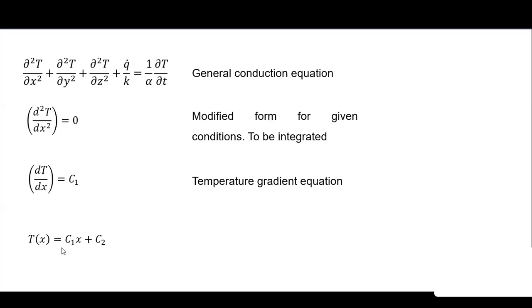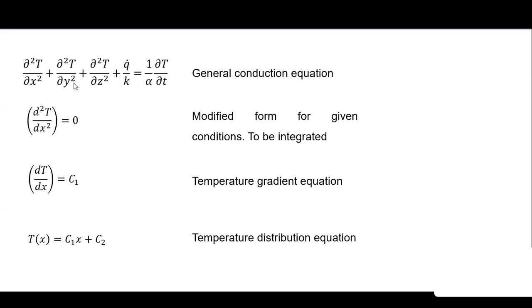So the temperature distribution in one-dimensional steady state conduction without heat generation in a Cartesian coordinate system is a straight line. This conclusion we can draw directly from this equation. This particular equation is called the temperature distribution equation.